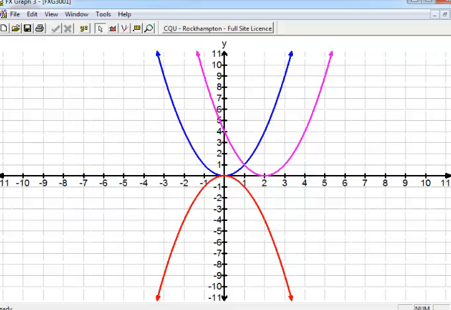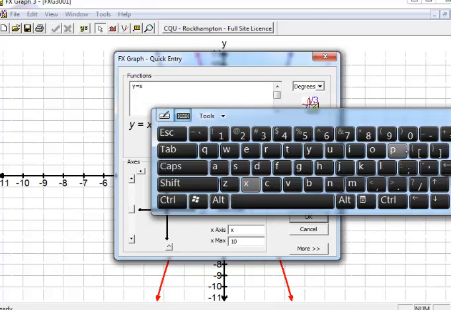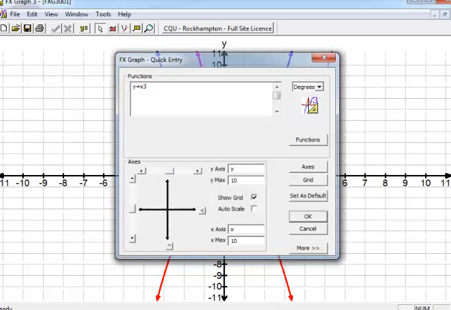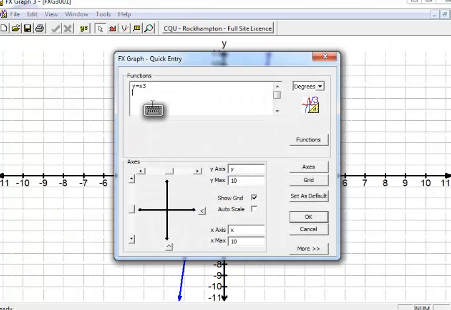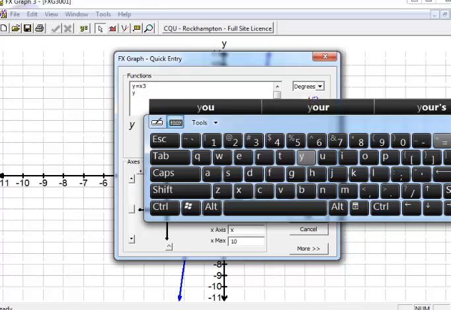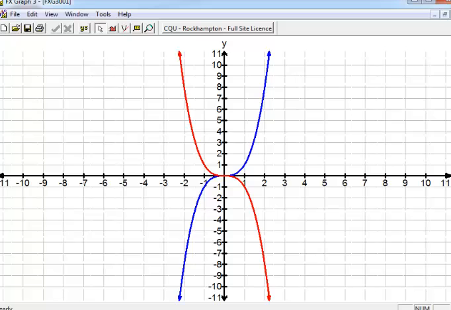So let's look at some examples. We'll get rid of our previous ones. Let's look at the basic one, x³, so there's our basic. If I put in a minus, you might try and predict what's going to happen here. It's the reflection on the y-axis. So that's a very basic cubic.